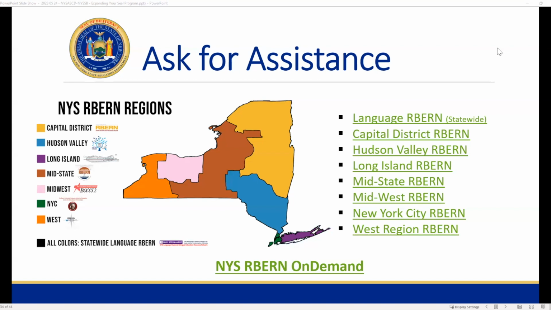So when I first started working with Mid-State RBERN, the Seal of Biliteracy was just getting its footing in New York State. And I used a process to sort of leverage the many BOCES that were in the Mid-State region, and used the BOCES and their individual consortium, their component district list to really leverage the work.